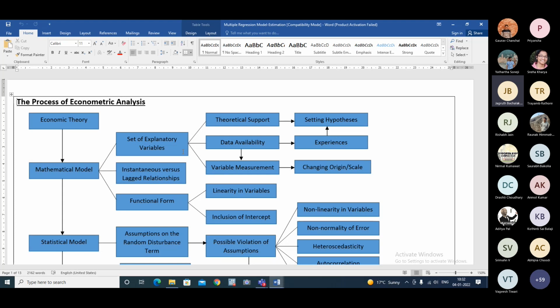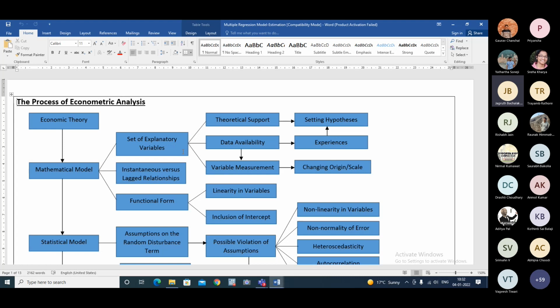A change in the independent variable or variables may not have immediate consequence on the dependent variable. There may be some time lag.